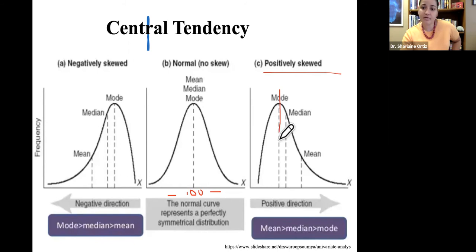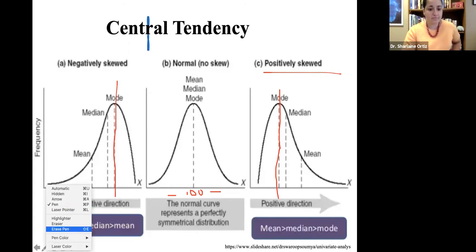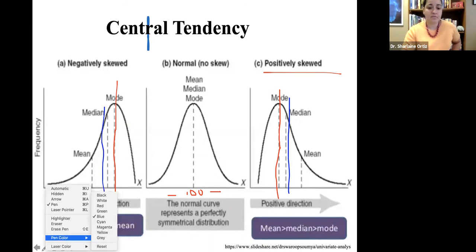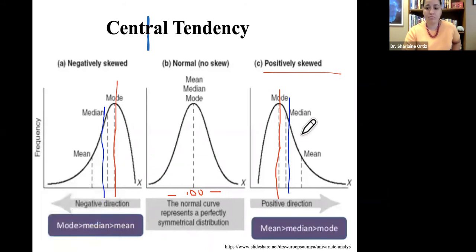So we have our mode here. I'll mark this red too. And then we have our median here. And then we have our mean here.